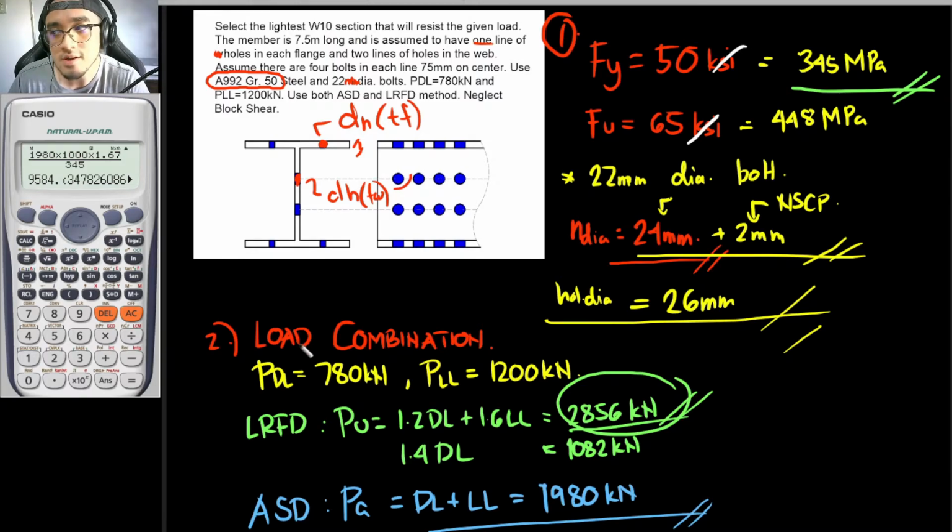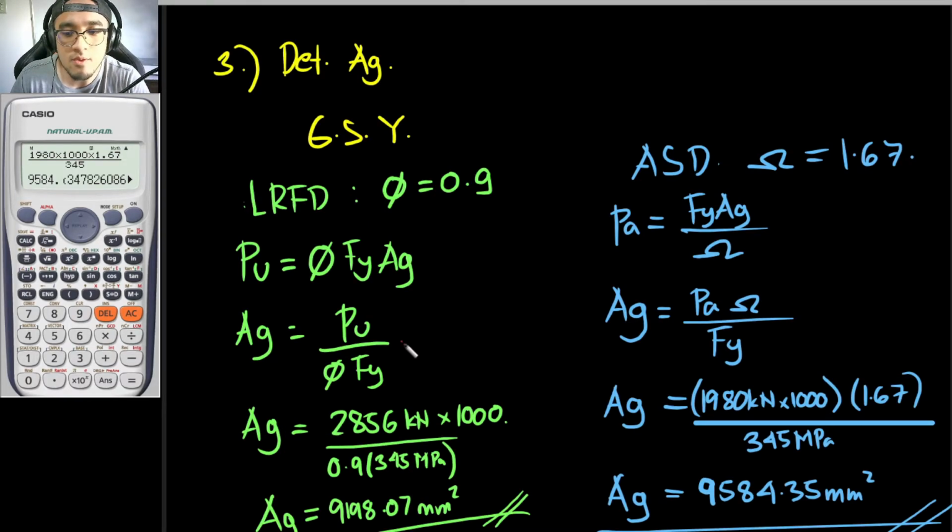So meaning, of course, we would be searching for W10s in the AISC shapes database. Then another parameter that we would be needing is the cross-sectional area. So we would be searching for W10 sections that have this cross-sectional area. So let's say we would be searching for 9584, guys.